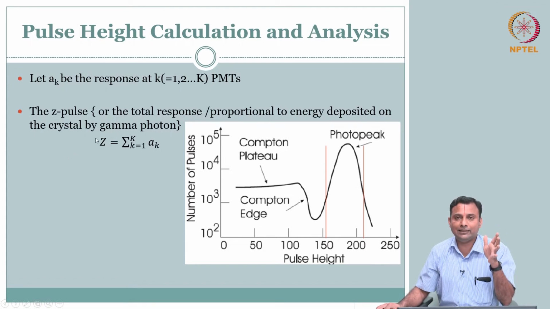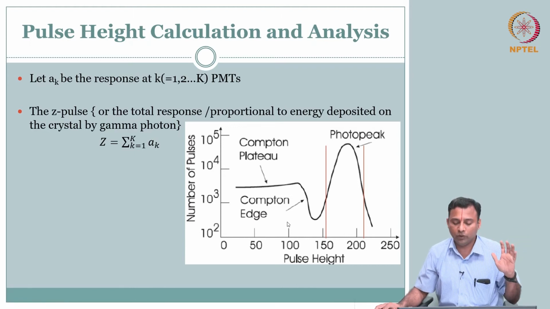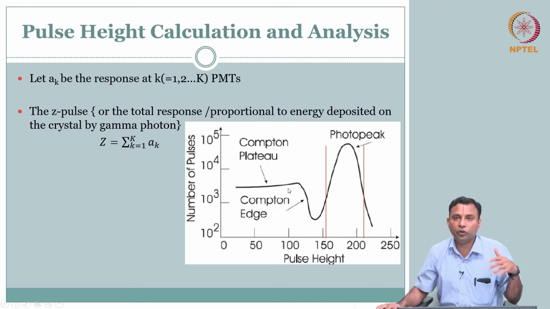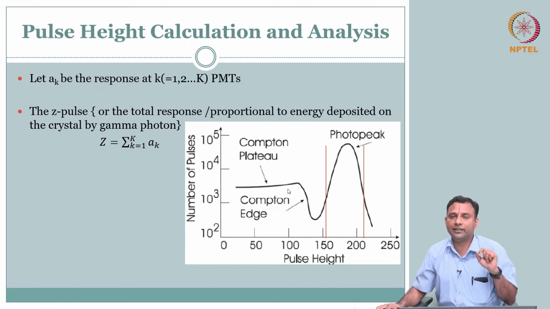Then we analyze this in relation to a threshold and say, if the Z value is less than this, for example, you do not bother about it. You think that is not your signal, that is only Compton scattered signal. You do not want to waste your effort saying where that signal came from, because you cannot say it, you know it is a Compton scattered signal. So you will be wrong to put that in the line of sight.